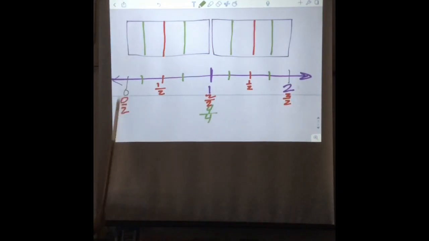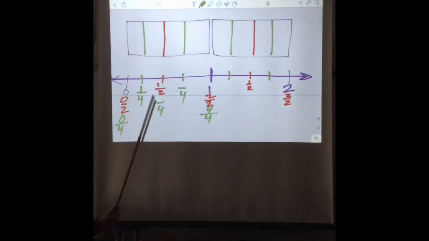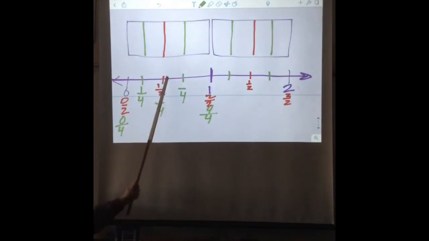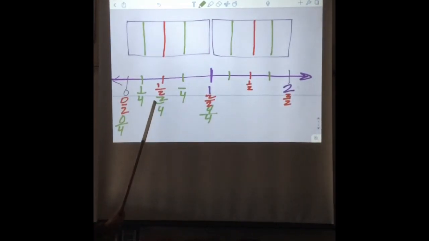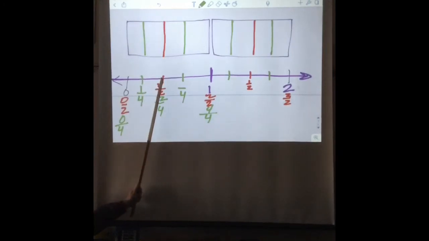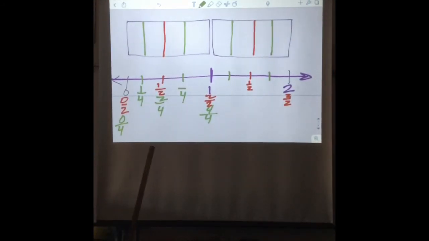So let's go back to our 0. How do we write it there? We write a 0 and a 4. Now what is this? This is 1/4. And we're going to put our fourths here, right? So what's this one? This is 1, 2, 2/4. And then this is 1, 2, 3/4.